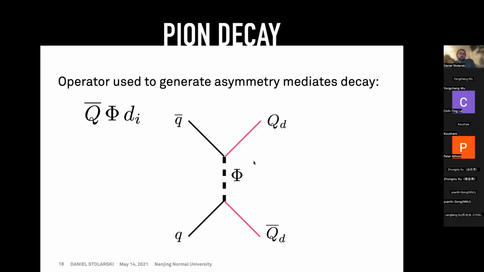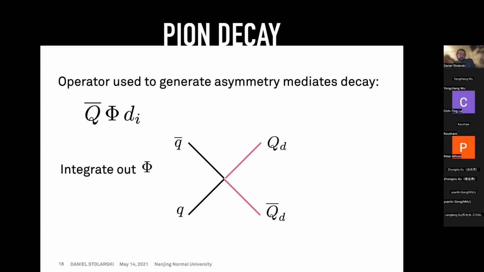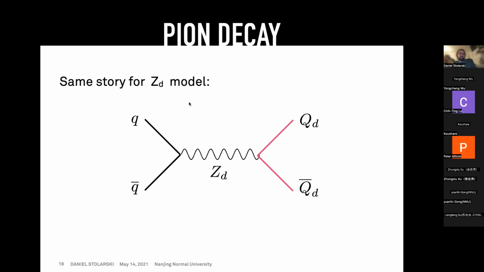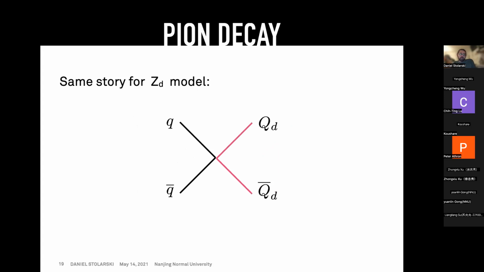And because the phi is very heavy compared to all these other states, we can just integrate it out, and it's this four-Fermi operator, and then the dark q and q-bar is a dark pion, right? So this operator is going to mediate the dark pion decaying to quarks. If instead we're doing the Z dark model, we can do the exact same thing. We have this diagram, we integrate out the Z dark, we get this four-Fermi operator, becomes dark pion decay.